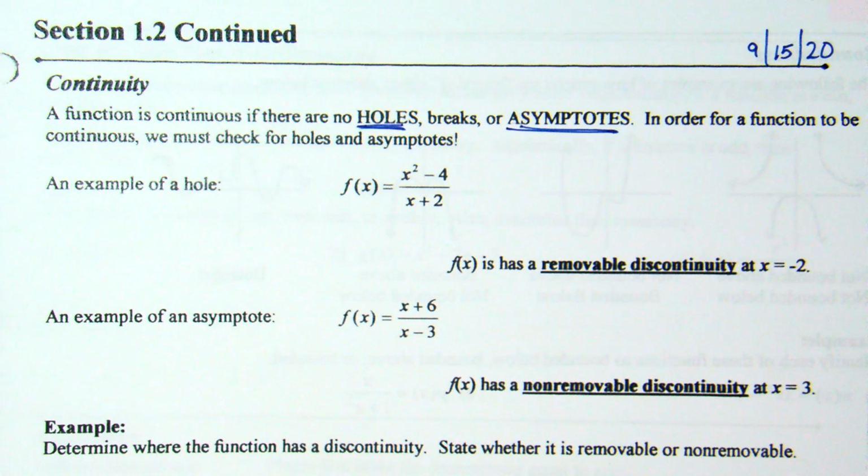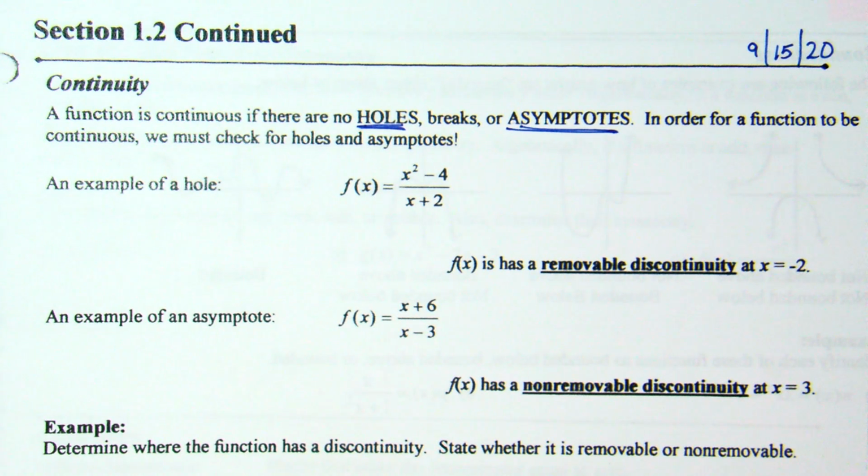Officially, if a function is continuous, that means there are no holes, breaks, or asymptotes. The big things we'll be looking at are the holes and asymptotes. In order for it to be continuous, we check for holes and asymptotes. Now, we did a little bit of this in Algebra 2 last year. We talked about holes and asymptotes.